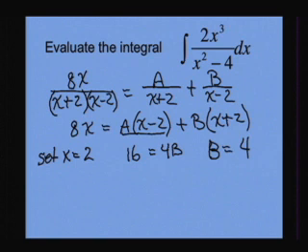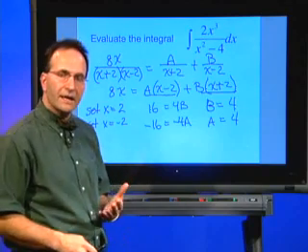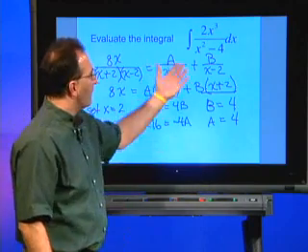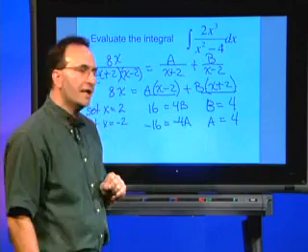Let's now set x equal to negative 2, and that'll give me negative 16 equals negative 4a, and of course this time the b's will be eliminated, so I get that a is equal to 4. So what that tells me is that a is 4 and b is 4, and then I have my two fractions, which I then need to integrate.